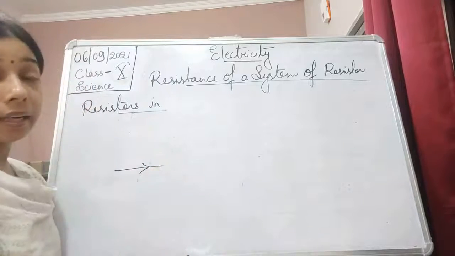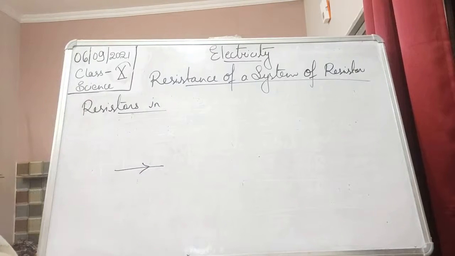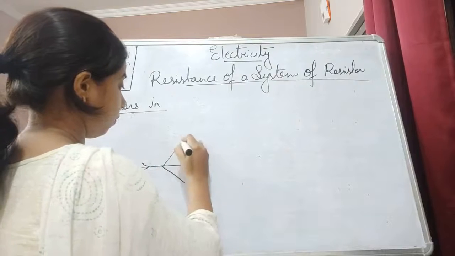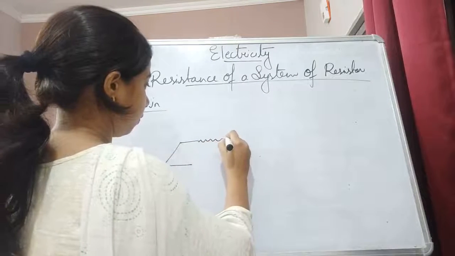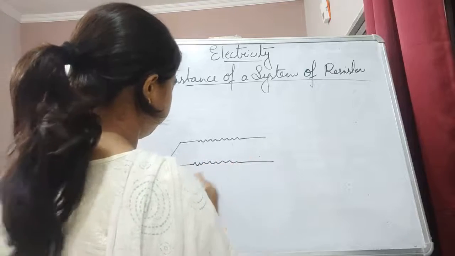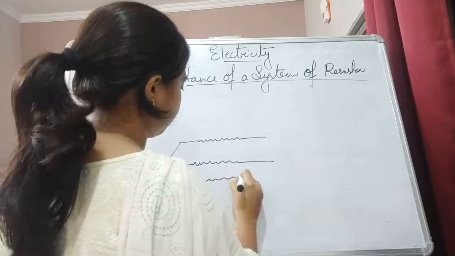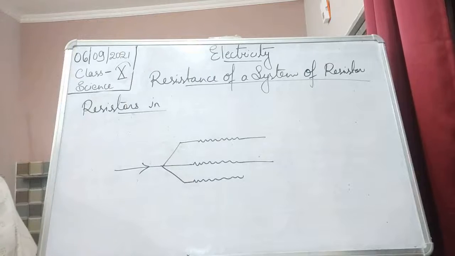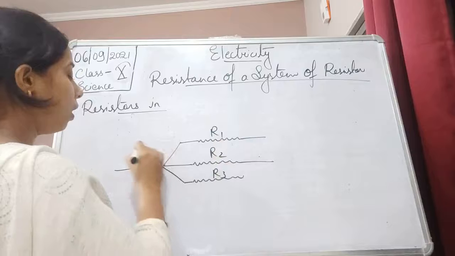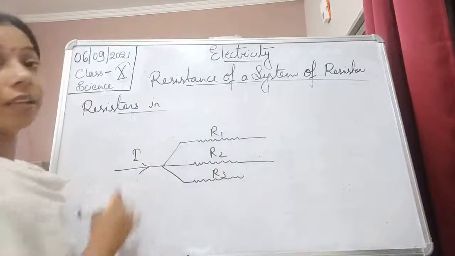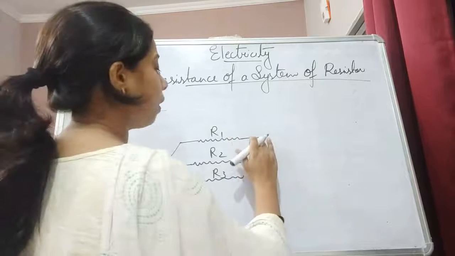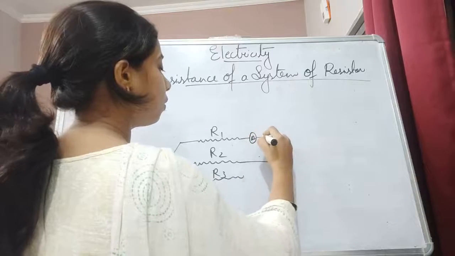Now the current gets divided into three. This is R1, this is R2, and this is R3. Now you can see here the current gets divided into all three. Now here we will add an ammeter.